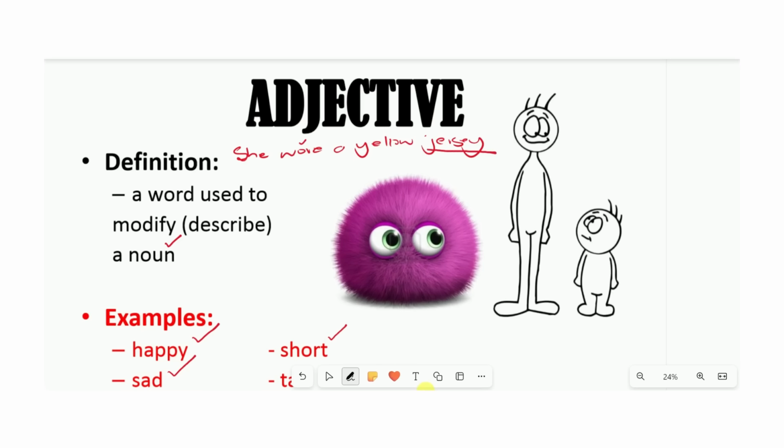The question will be, what kind of jersey? A yellow one. So it means that this now becomes your adjective, because it describes the noun. Remember, a jersey is a noun because it's the name of a garment that you are wearing. So as already stated in the definition, it is a word used to modify or describe a noun.